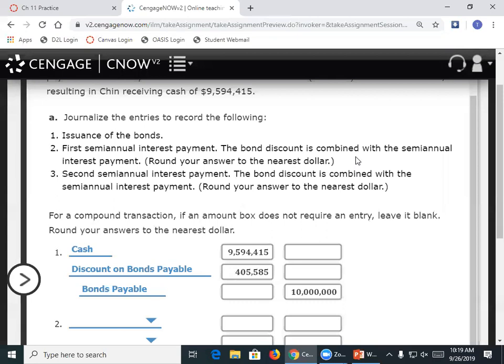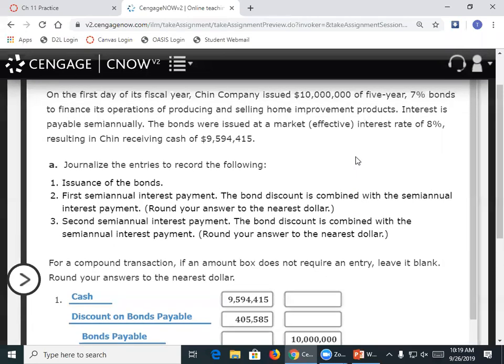And then we need to calculate our interest. What would my interest calculation be? Would you do it off of the 7% or the 8%? You will do it off of the stated or the 7%. Would I calculate it off of the face value or the discount amount? Face value. Okay. So your interest, it doesn't matter how the bond was issued. Face value, discount, premium.